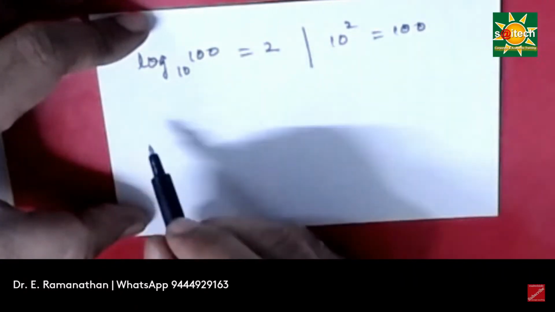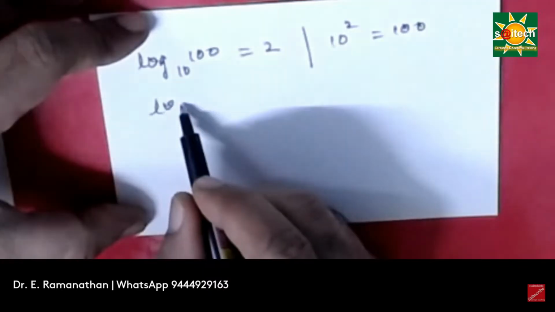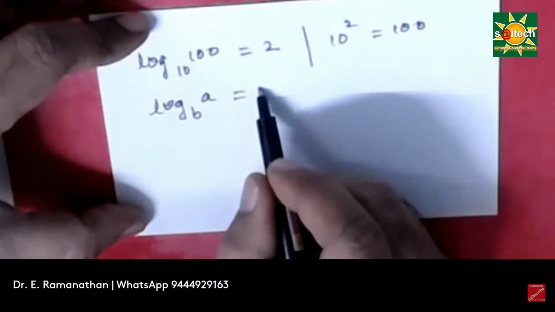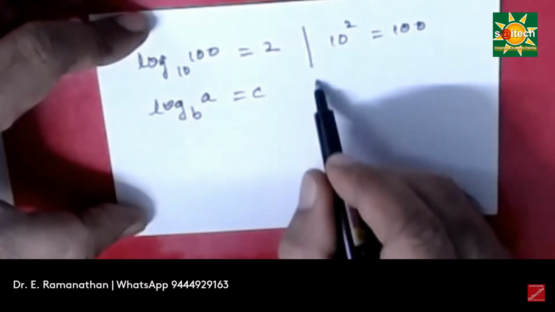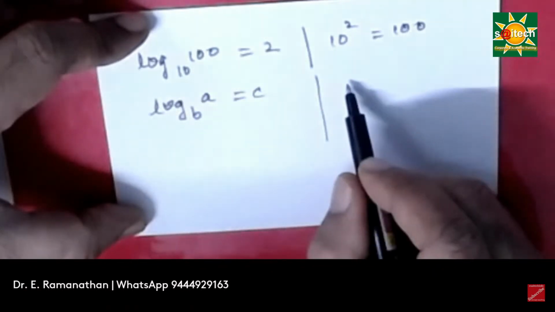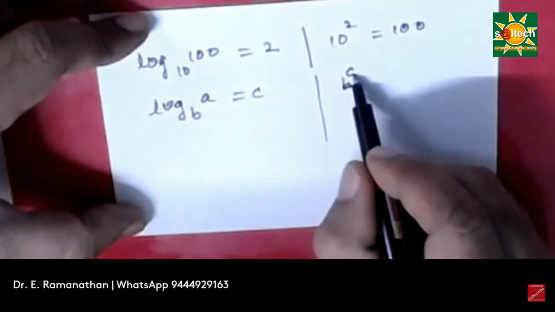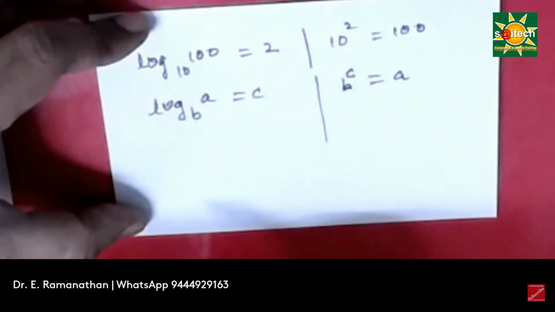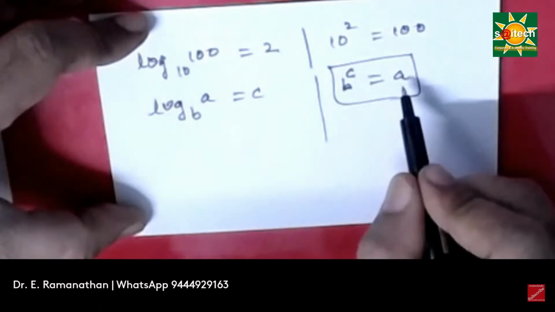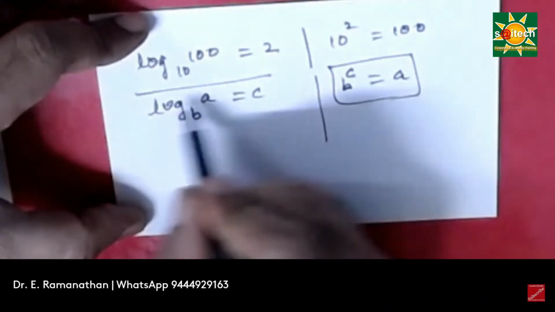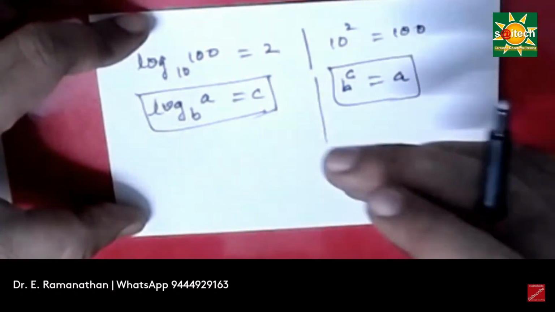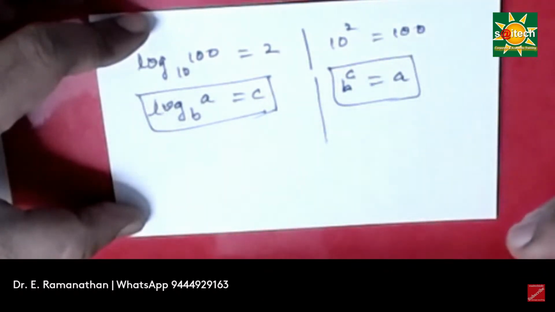What does it indicate? For example, let me put log a to the base b is equal to c. It means I can put the base b here and power c is equal to a. Do you understand this? Note down this formula. This is the exponent form and this is the logarithmic form. So an exponent form can be converted into a logarithmic form.